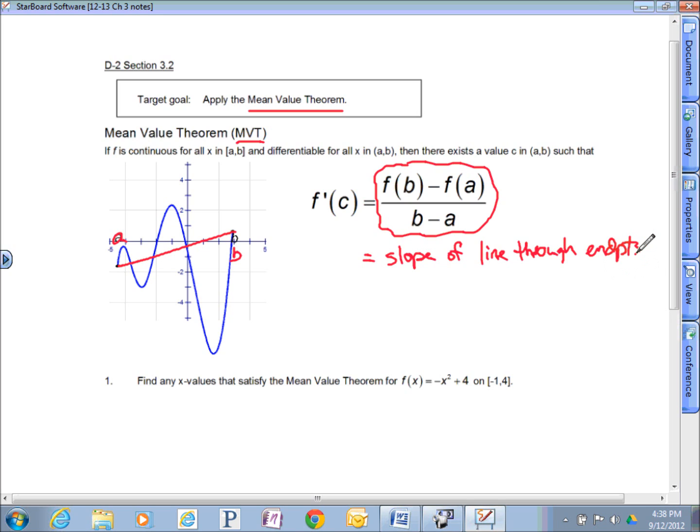Okay, another way to say that, this would give us our average rate of change of this function. Because I'm looking at where it started and where it ended, and I'm dividing it by the difference between the two endpoints. So average rate of change.